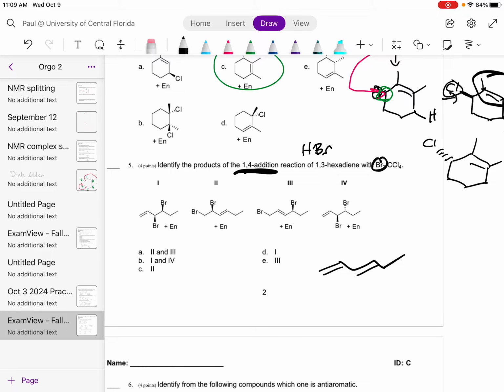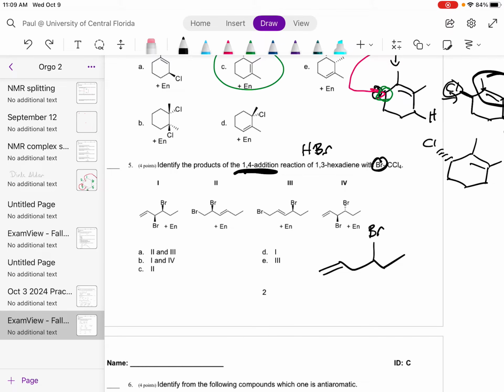So if we add our first bromine here, if we add that there, then we're going to have a carbocation or such, right? Well, let's look at it this way. It has to be a 1,4 addition, right? That's the hint.